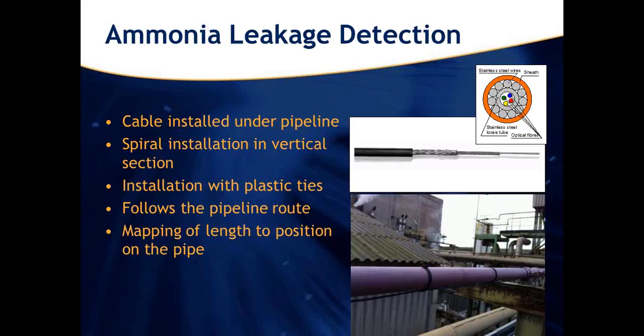Here's a couple of pictures from real installations on above ground pipelines. For example, in this case, an ammonia pipe. The cable in that plant was attached below the pipe, so that if the ammonia escapes, it will cool down the cable and allow detection.